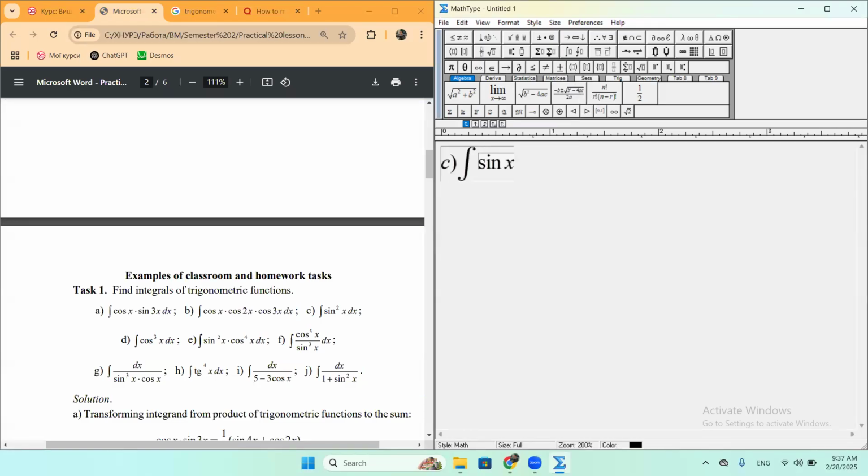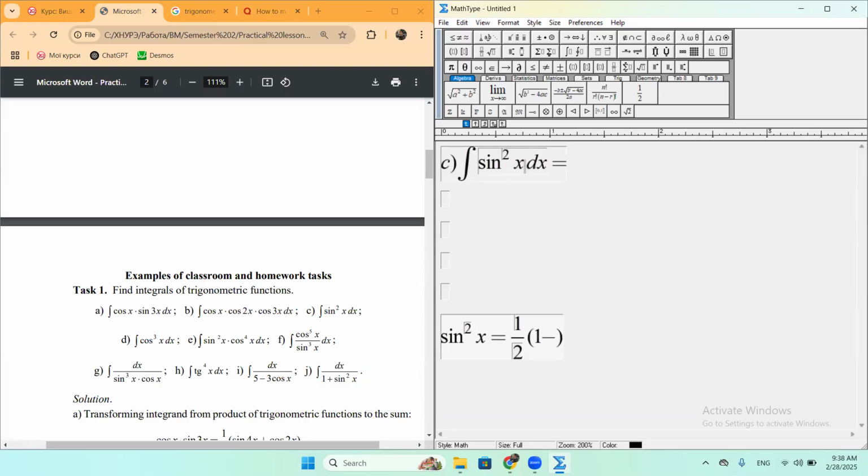The square of the sine. Again, we don't have such an integral in the table. So we need to transform this expression using the following formulas for degree reducing.